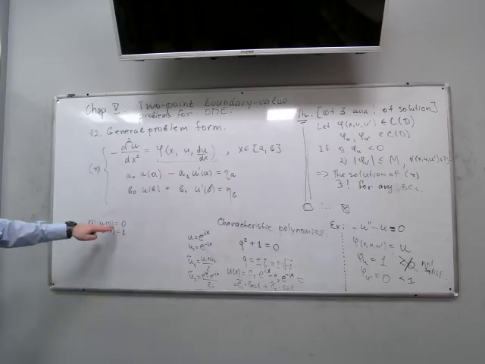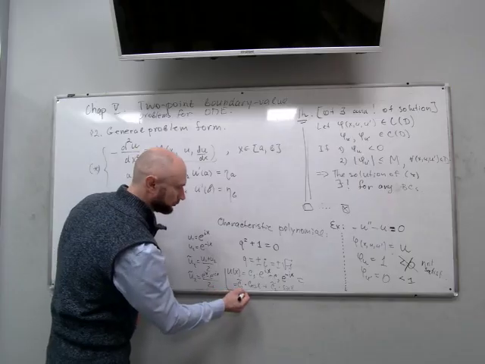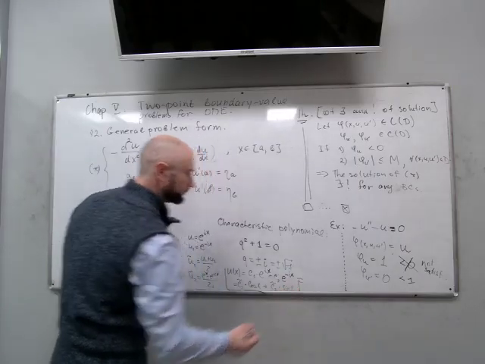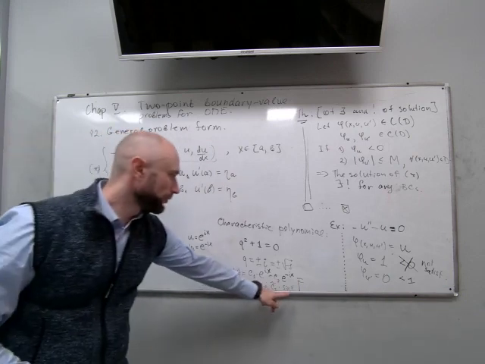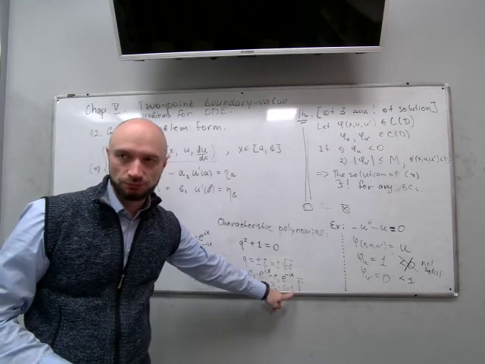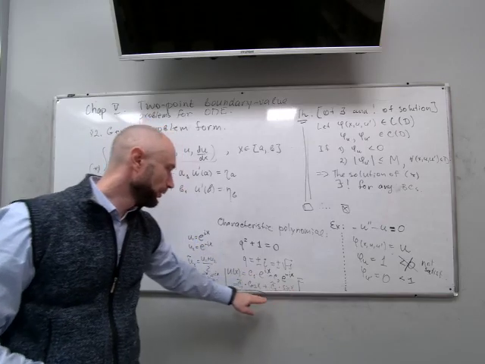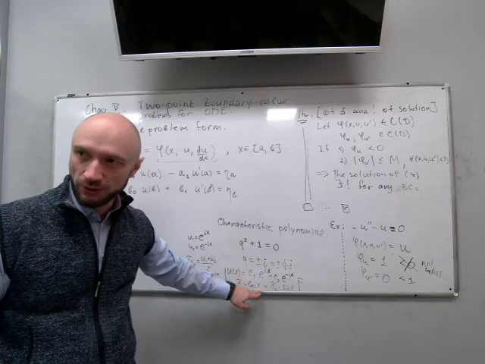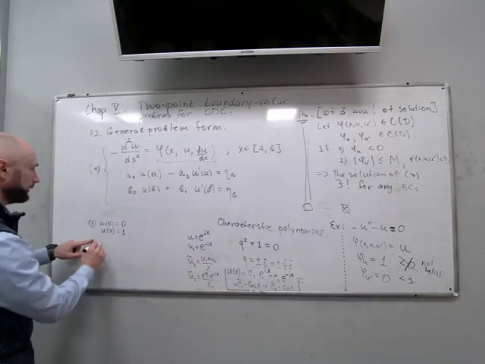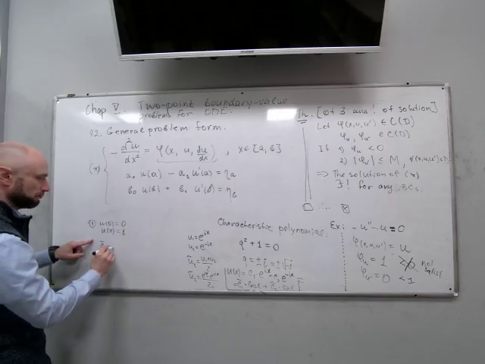If u of 0 is equal to 0, we take this equation and find the constants. At point 0, sine of 0 is 0. Then cosine of 0 is 1, right? So then C1 tilde is 0.